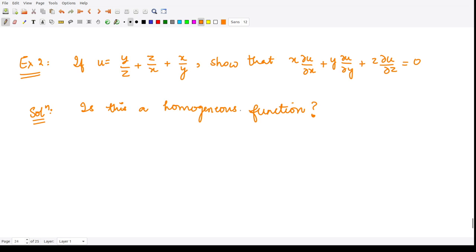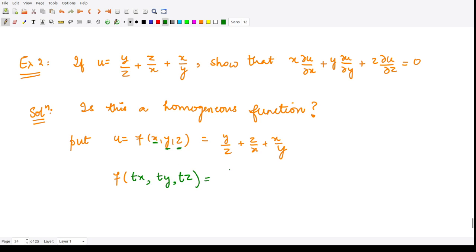For that, suppose this is the function u, which is a function of x, y, z, and this is given to be y by z plus z by x plus x upon y. What you can do is substitute x as tx, y as ty, and z as tz.